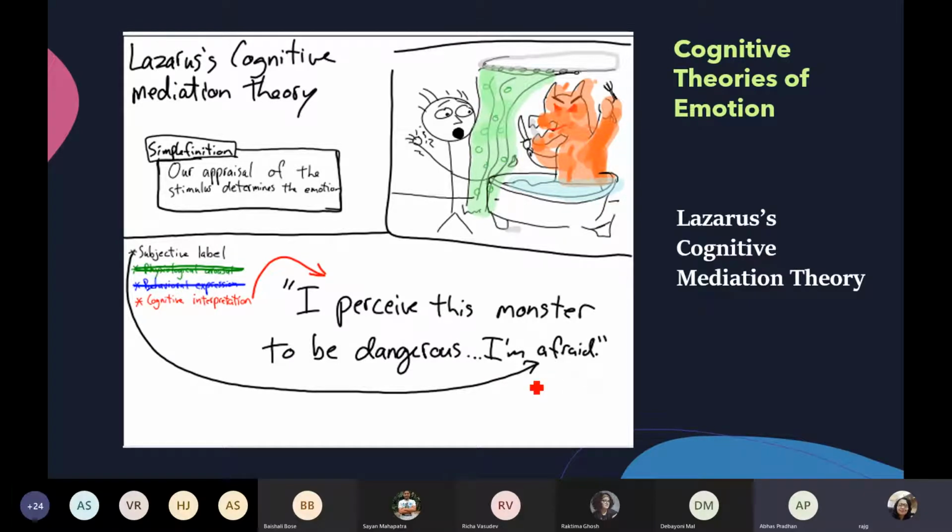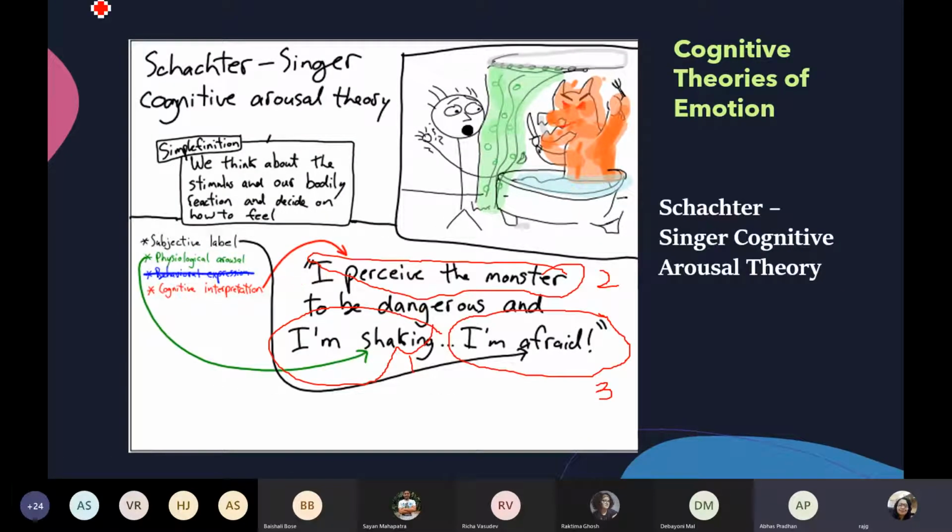It's a simplification of the previous theory. The previous theory, Schachter Singer, says that there's a cognitive interpretation, there's a physiological arousal, and then these two are combined to have a subjective evaluation, subjective labeling of the emotion.